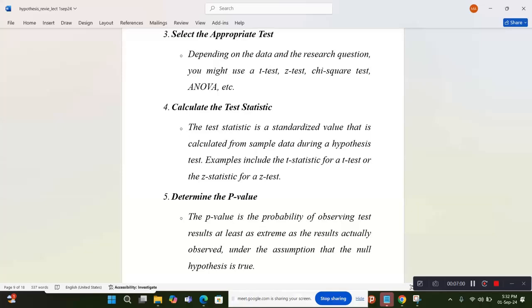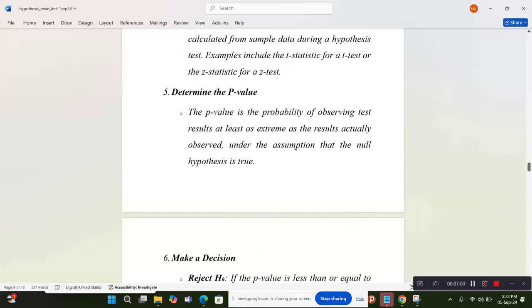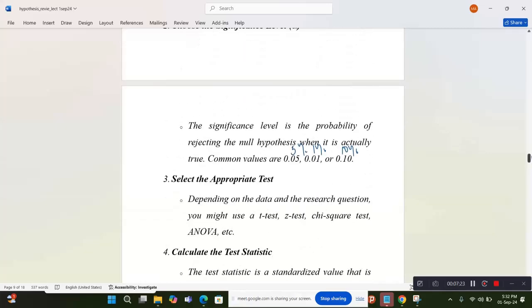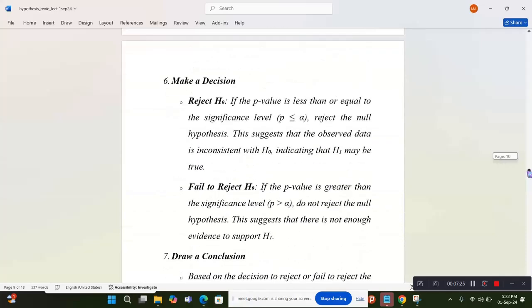Examples include the t statistic for a t-test or the z statistic for a z-test. Then determine the p-value. The p-value is the probability of observing test results at least as extreme as the results actually observed, under the assumption that the null hypothesis is true. We shall see where you can use the p-value to make a decision.